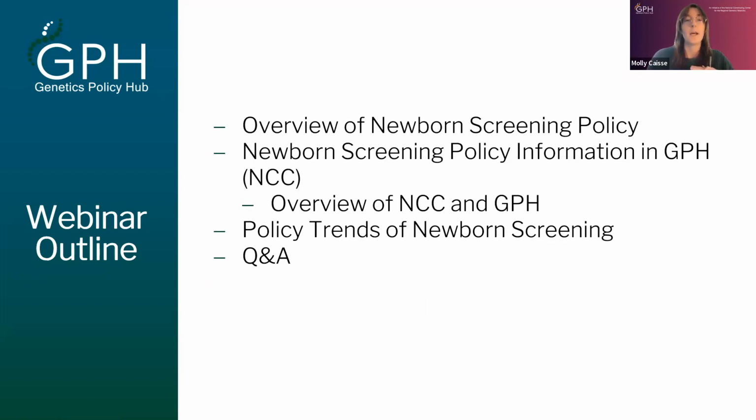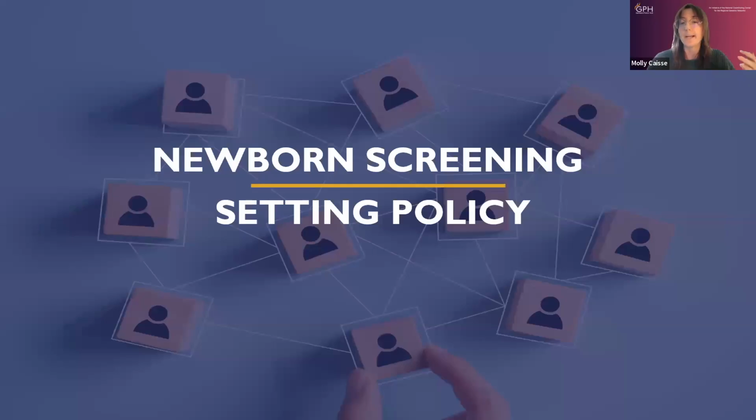We'll discuss newborn screening policy information in the Genetics Policy Hub. We'll talk more about emerging policy trends. And then at the end, we'll have a question and answer session. But again, please feel free to chat us any questions or thoughts you have along the way so we don't miss them.